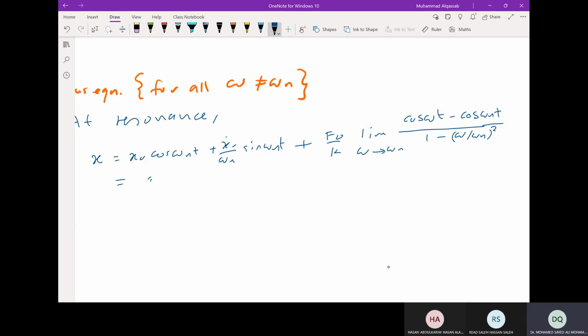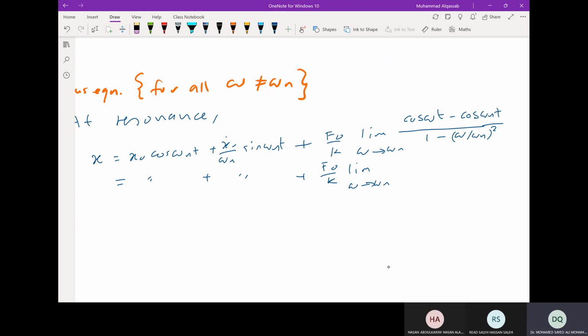So this will be the same, plus F naught over k, and then the limit as omega goes to omega n, and then we take the derivative with respect to omega. The limit is for omega going to omega n, so the derivative will be with respect to omega, because we are differentiating with respect to omega.